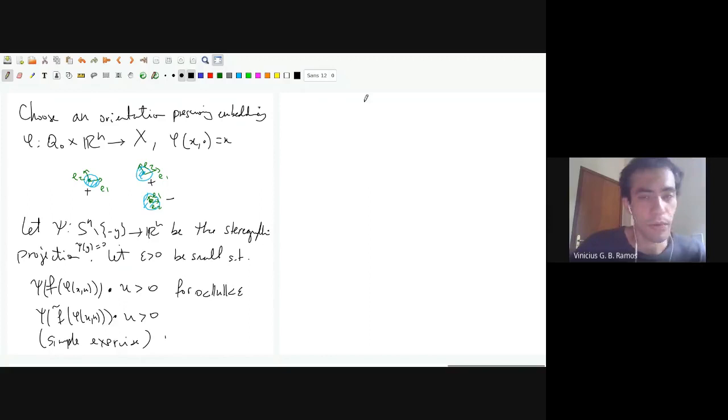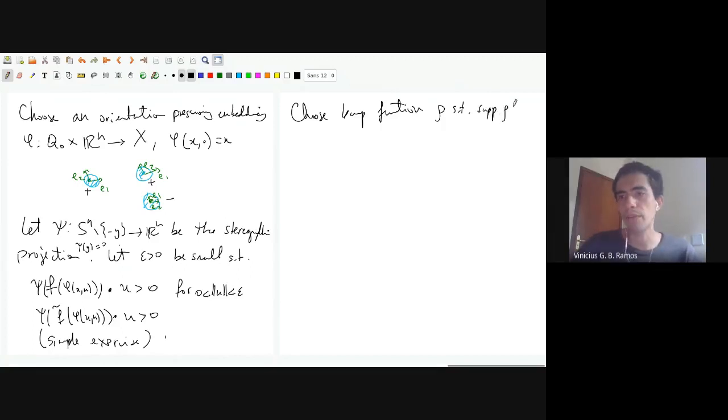Okay, so we have to choose a bump function too, rho, such that the support of rho is contained in this ball of radius epsilon around 0, and rho is identically equal to 1 on the ball of radius epsilon over 2.